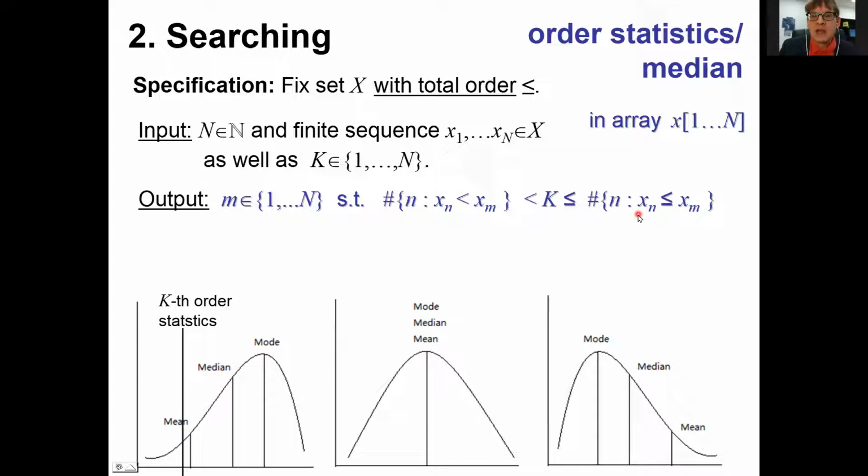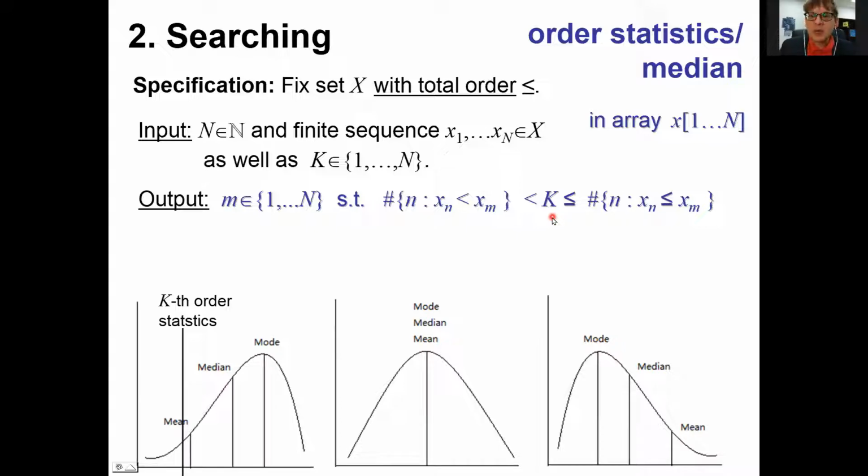And with roughly, I mean there are some subtleties if there are repeated elements or if elements are omitted from the sequence. So the precise specification says that the number of elements smaller should be smaller than k, and the number of elements smaller or equal should be greater or equal to k.